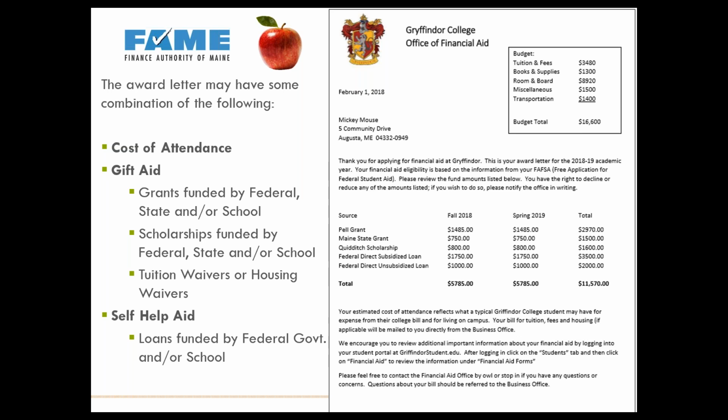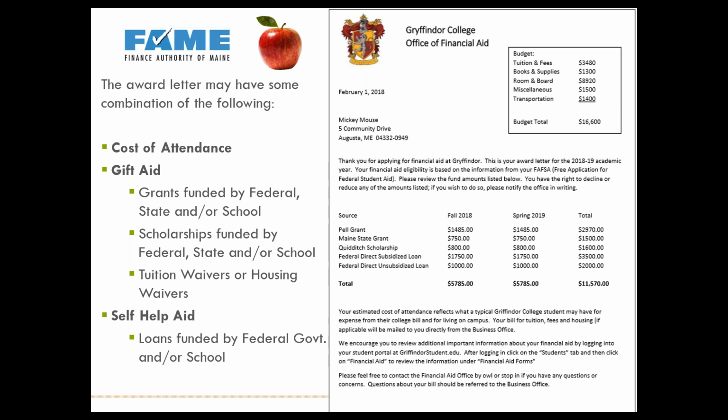For my Harry Potter fans out there, you'll see that. And then it has the loans after that. So usually it's set up with the grants and scholarships first, and then what we call self-help aid, which is loans funded by the federal government and or the school. That's generally the setup of these.